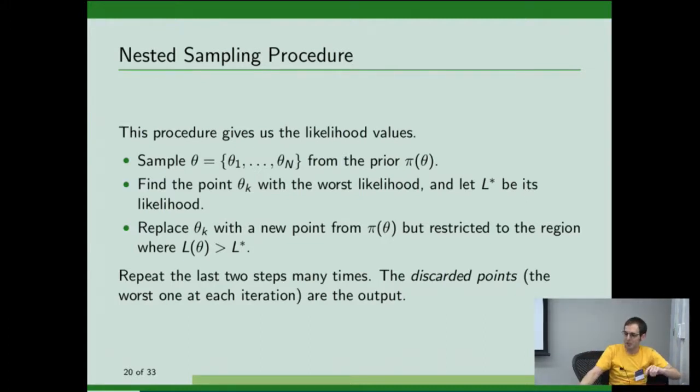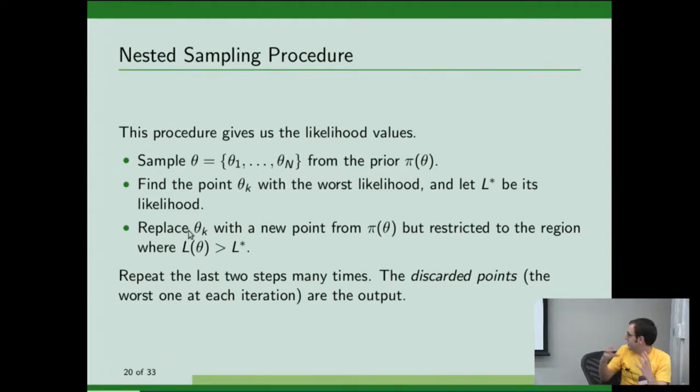You found the worst one. Maybe its log likelihood was minus 1,000. Then you know that since 99 out of 100 points drawn from the prior had likelihood greater than minus 1,000, you can guess that the value of x is roughly 0.99 for that point, and that's exactly what you do.